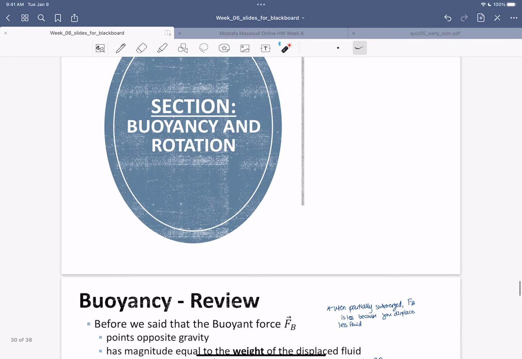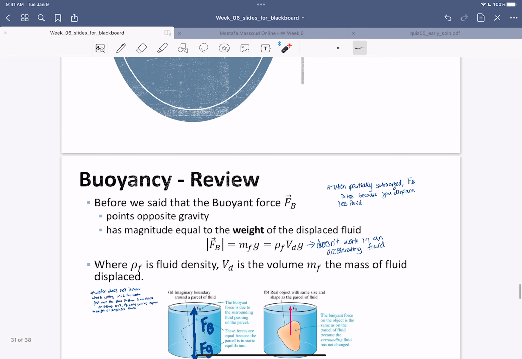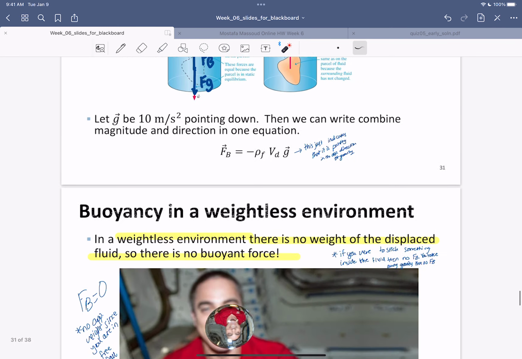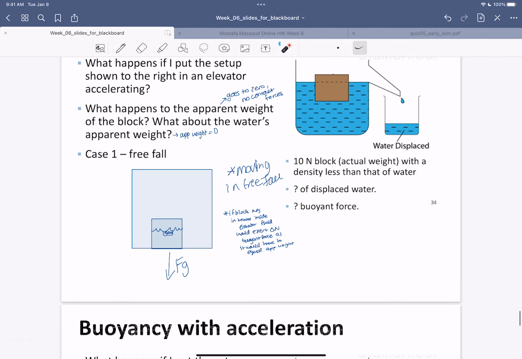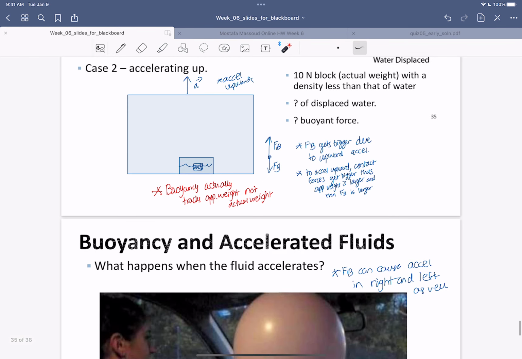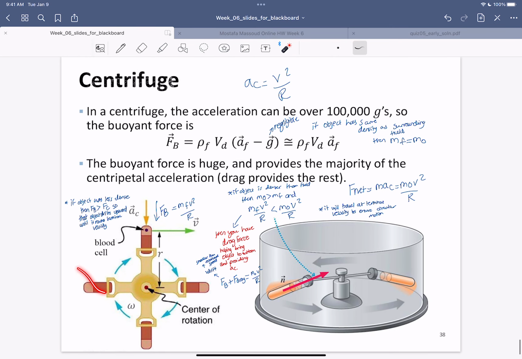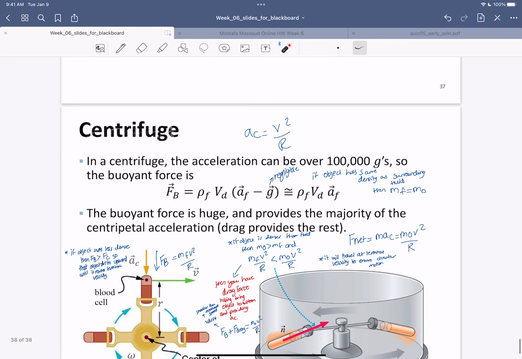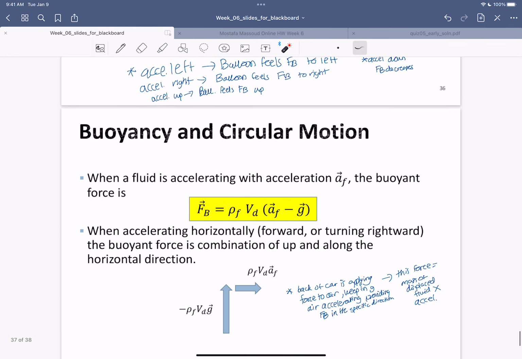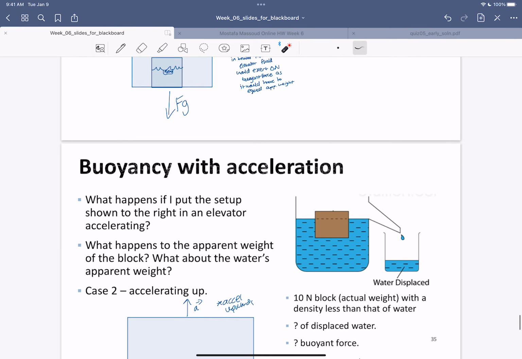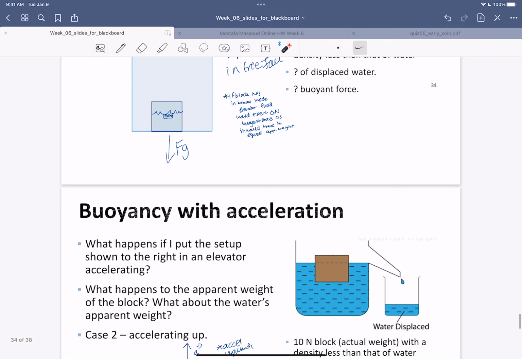So I'll write up an explanation of what's going on for these last couple of slides, because it's going to take me a longer time. They have elevators and stuff, and it's kind of a mess. You can see I have a mess of notes here about it. I'll write something up and upload it on Google Drive, but I just want to make sure I'm doing as much as I can in the next couple of minutes. So I'll move on then to the quiz.